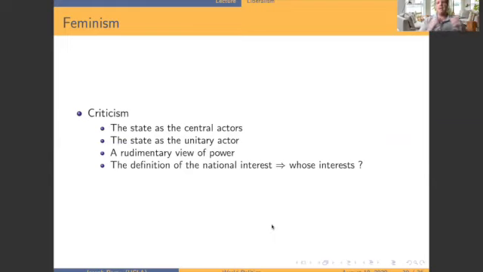And increasing the role of women in international politics beyond a male perspective would alter what the national interest is and broaden the criteria by which foreign and other policies are assessed.